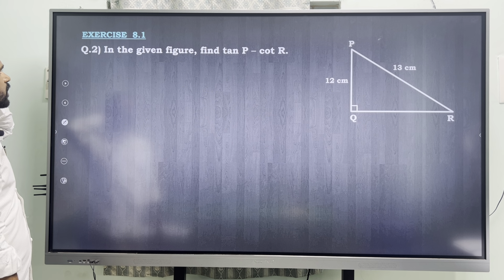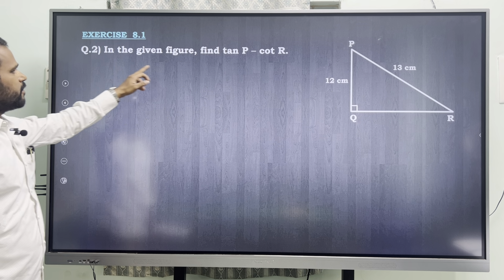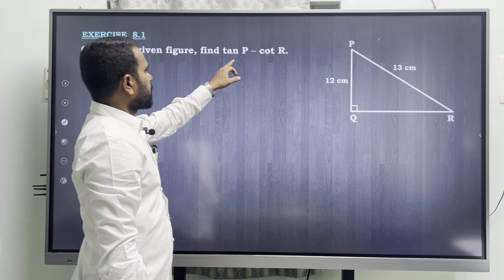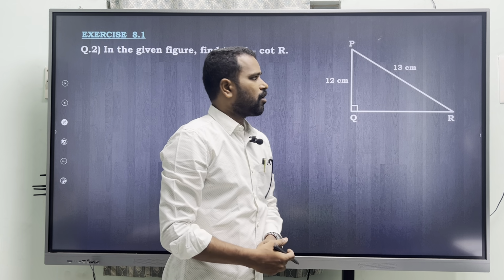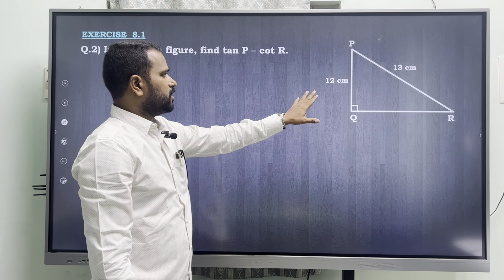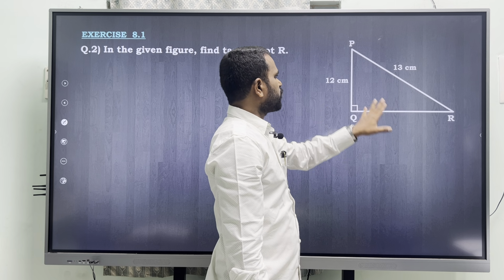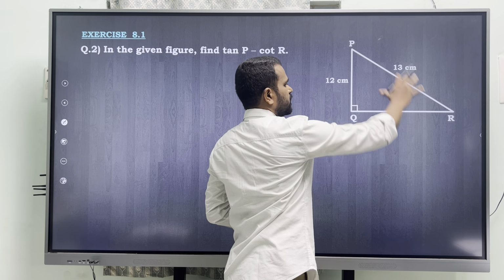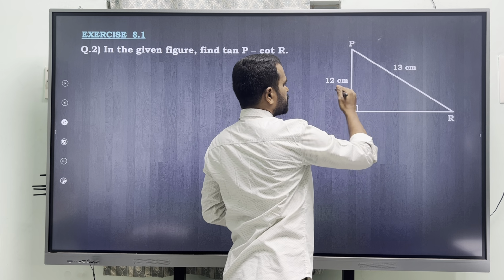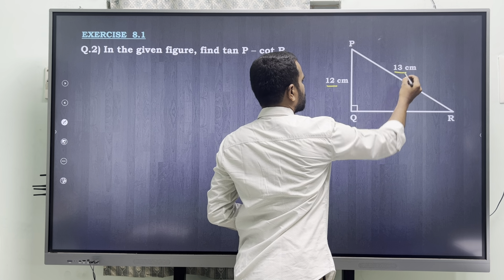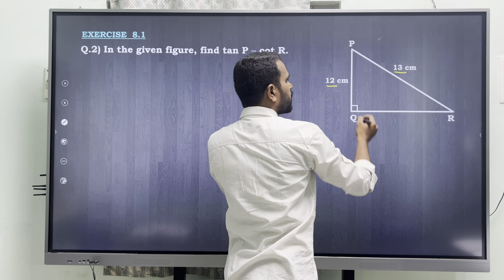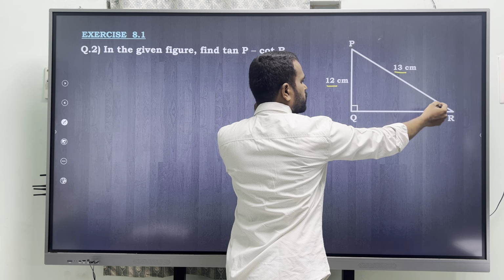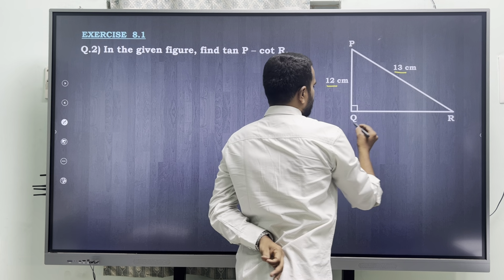Next, let us see the figure. In the given figure, find tan P minus cot R. First of all, let us finish this triangle. We are given two sides. Let us find the third side. This is the hypotenuse.